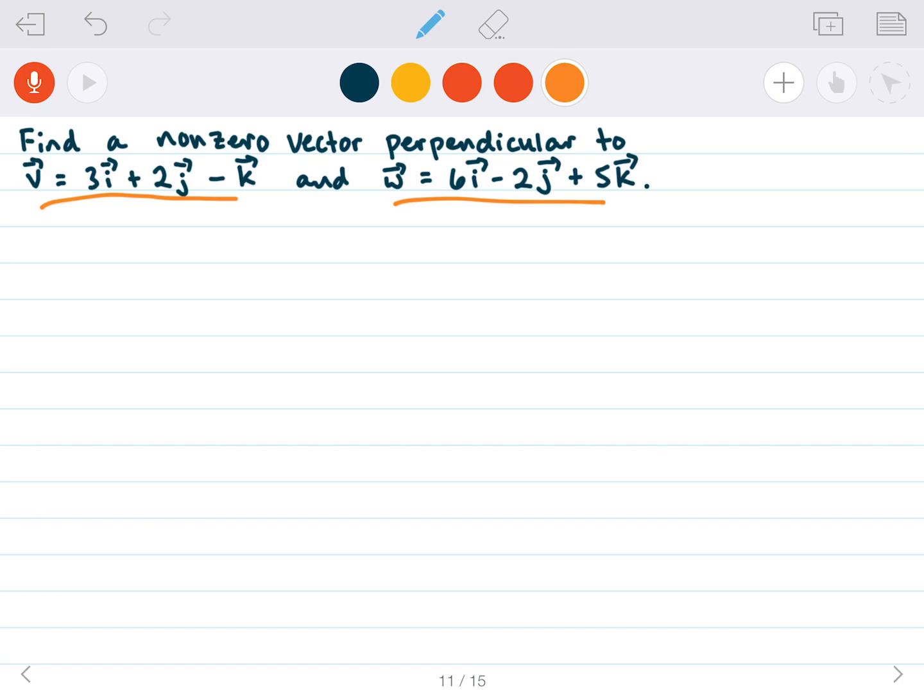All right, so when we're trying to find a vector perpendicular to both vectors, we're going to do the cross product. Okay, so we want to do v cross w. And so I'm going to use my algebraic definition that I'm going to write again down here so you guys can follow along.